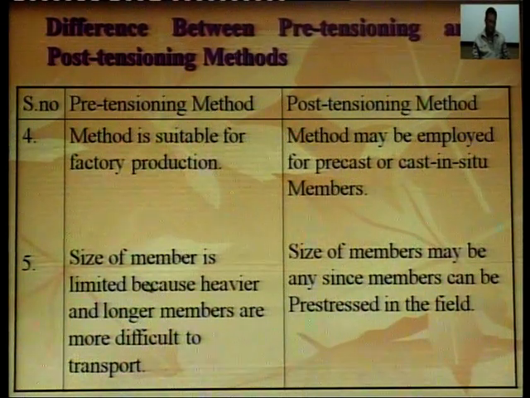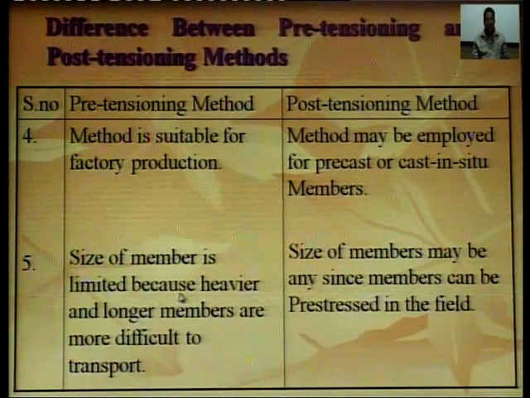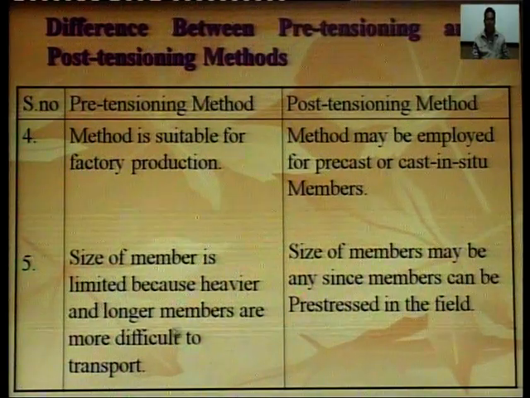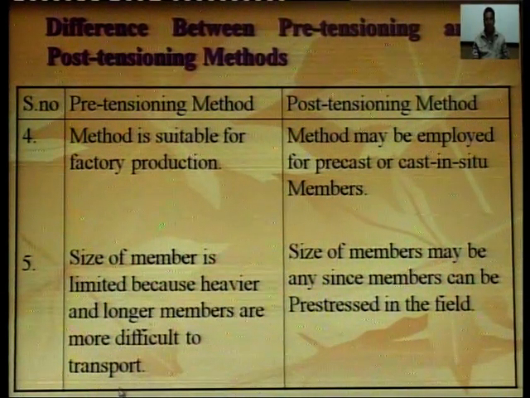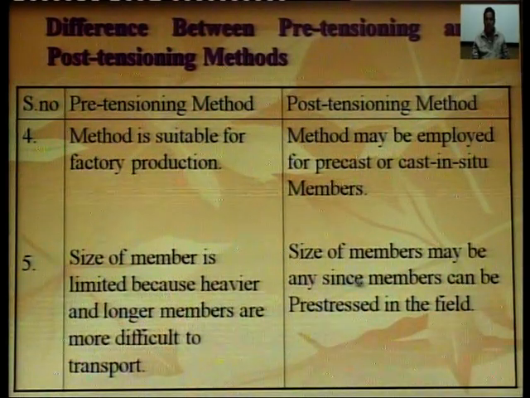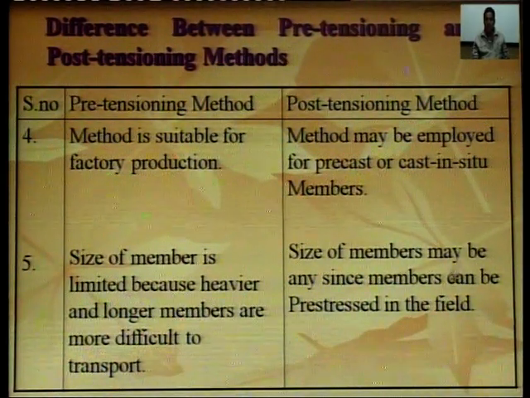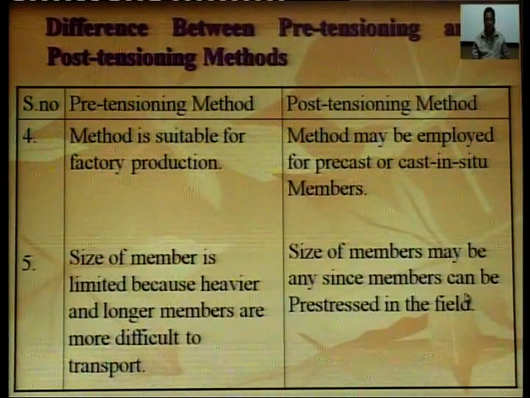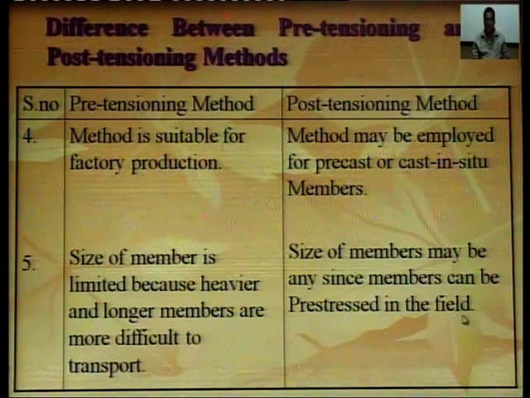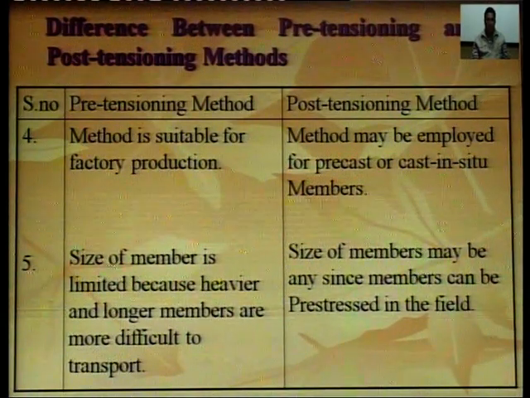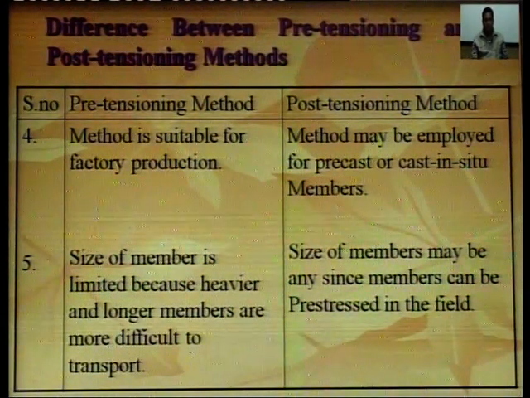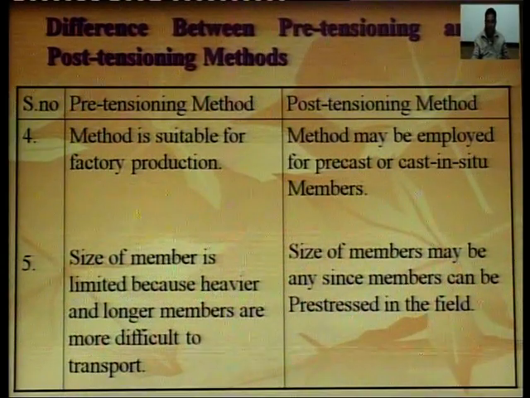The size of the member is limited in pre-tensioning because heavier and longer members are more difficult to transport. The size of the member may be of any size in post-tensioning, since the member can be pre-stressed in the field. So, these are the differences between the pre-tensioning and post-tensioning methods.